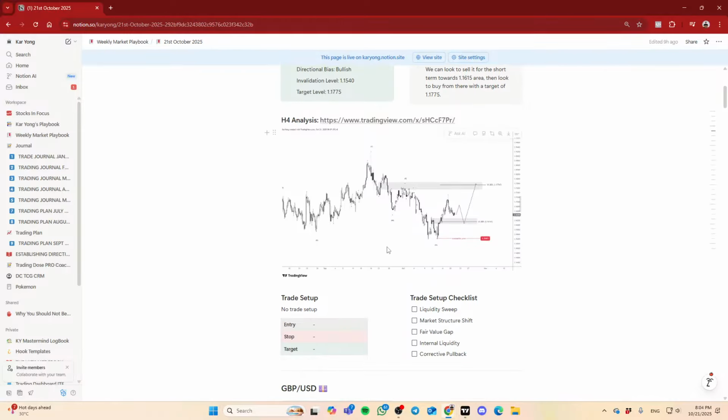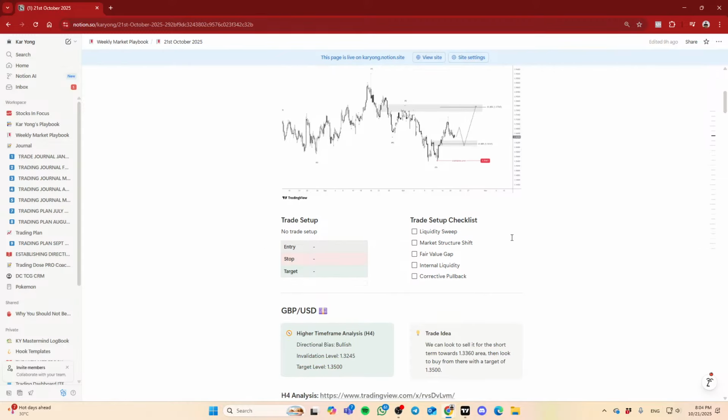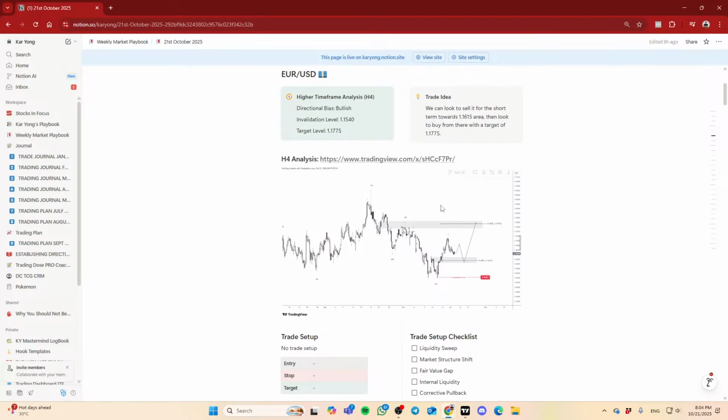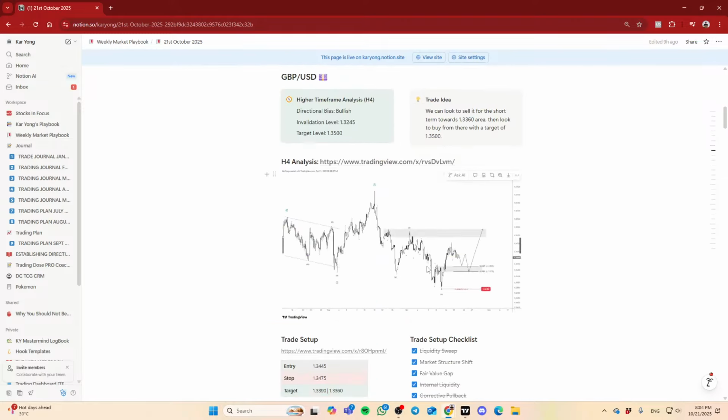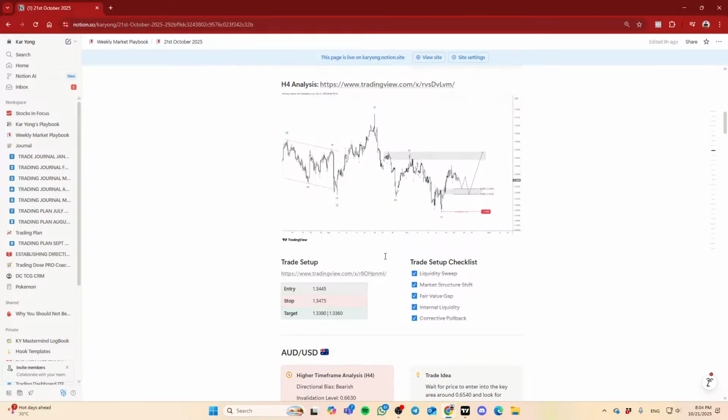Attached is the 4-hour chart. You can click on the link; it will help you expand a little bit, and if you want the details, you can take a look there. At the bottom is where I'll put in a potential setup. Euro dollar obviously doesn't have it, but the pound dollar does.